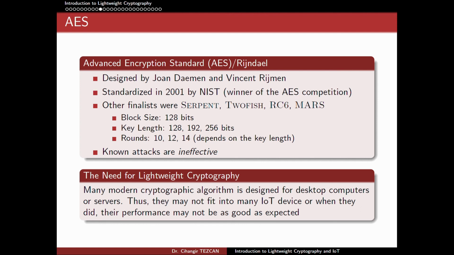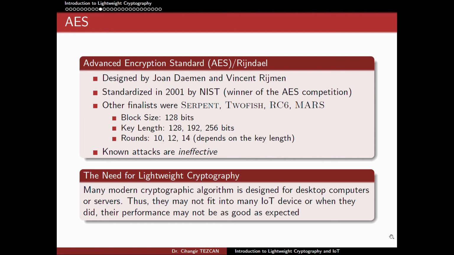But if you cannot use it due to reasons like your device doesn't have the capacity, like the computational power or the battery power, then you might need lightweight cryptography. So this is the approach of NIST: use AES, and if you cannot, then go to a lightweight cryptography algorithm.